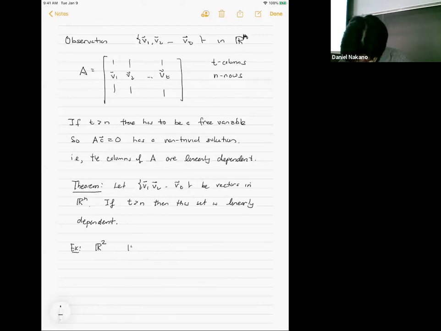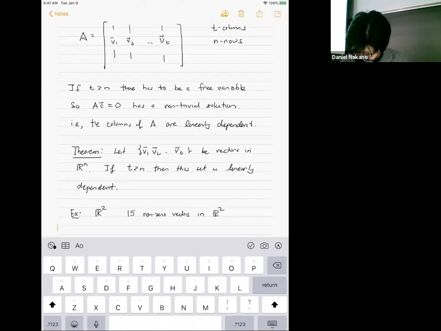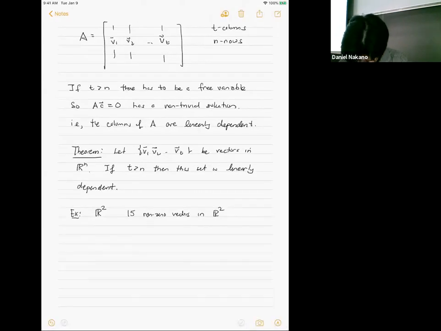So 15, say, non-zero vectors in R2, and I'm assuming they're distinct too, are linearly dependent.